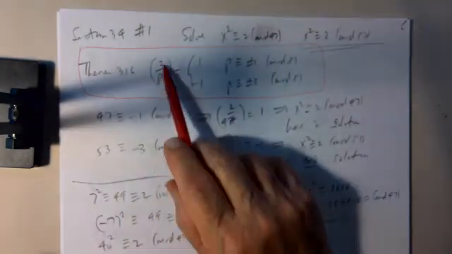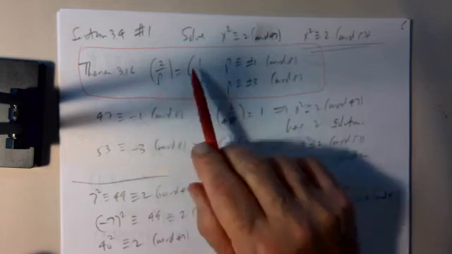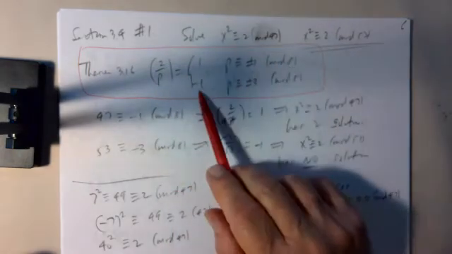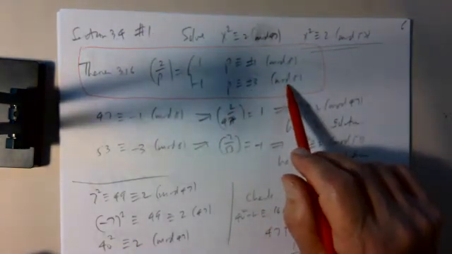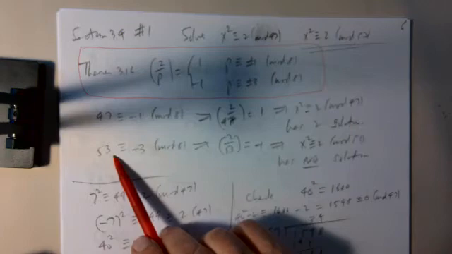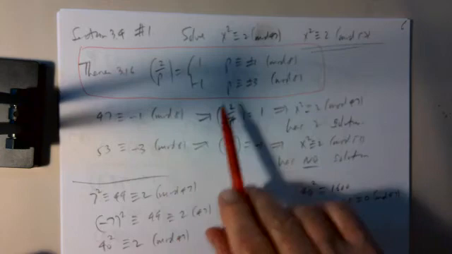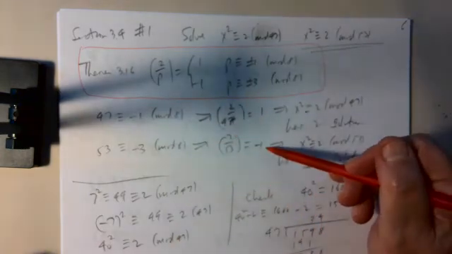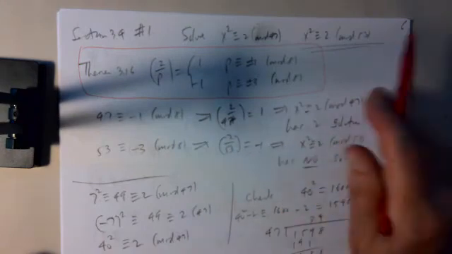So we proved the theorem that the Legendre symbol 2 over p is 1 if p is congruent to plus or minus 1 mod 8, and minus 1 if p is congruent to plus or minus 3 mod 8. So the prime 53 is congruent to minus 3 mod 8. That means the Legendre symbol 2 over p is minus 1. This means this congruence has no solution.